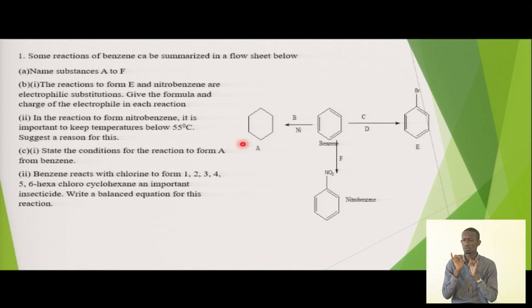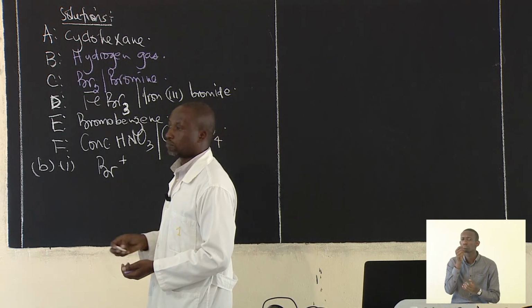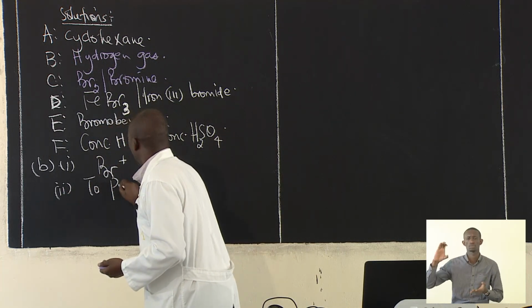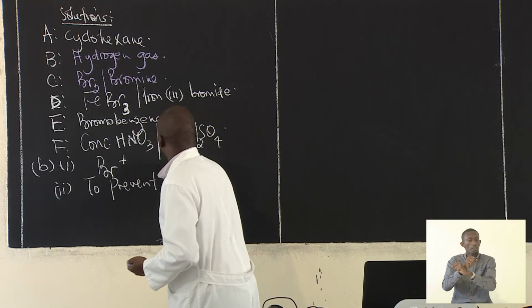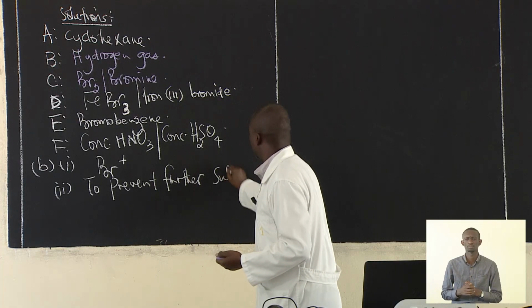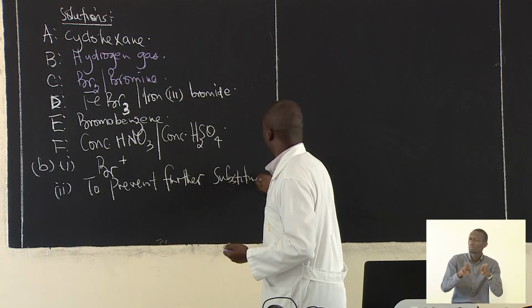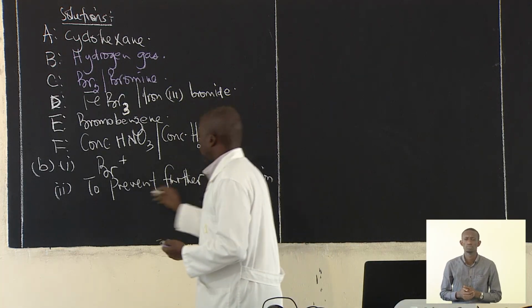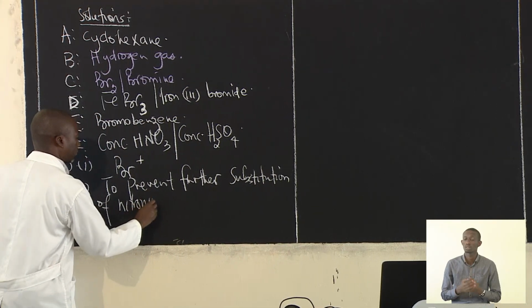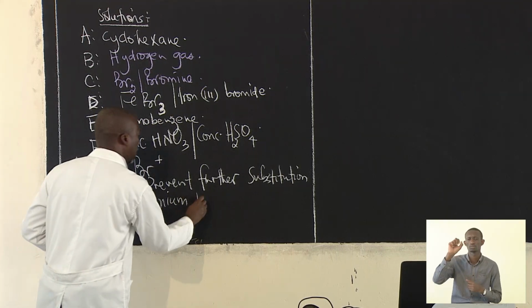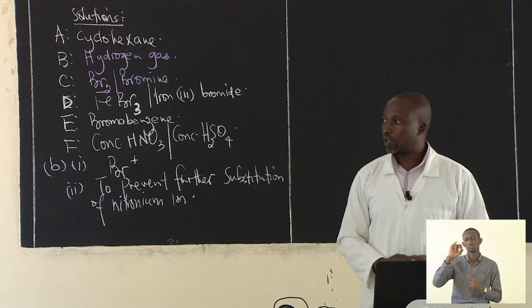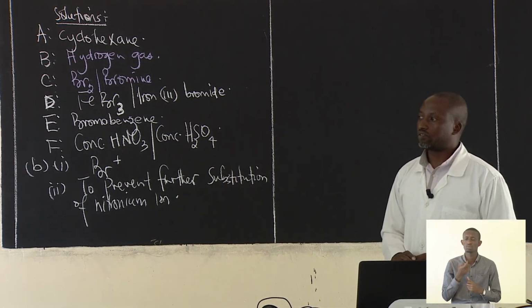That is Roman 2: to prevent further substitution of nitronium ion. That is the reason why the temperature has to be kept below 55 degrees.